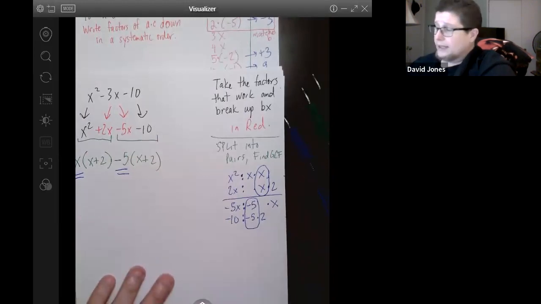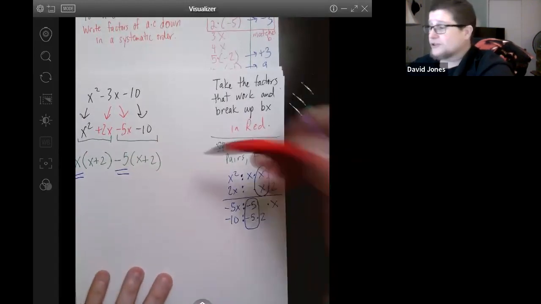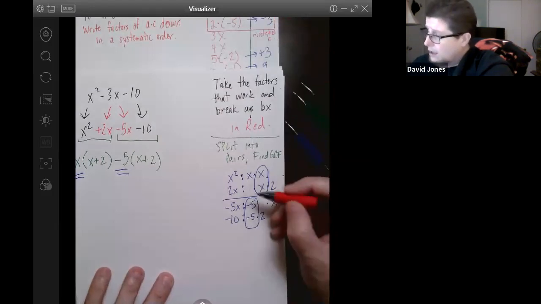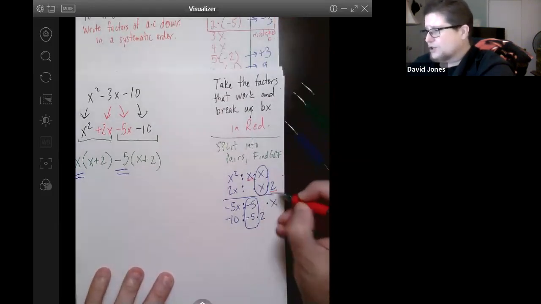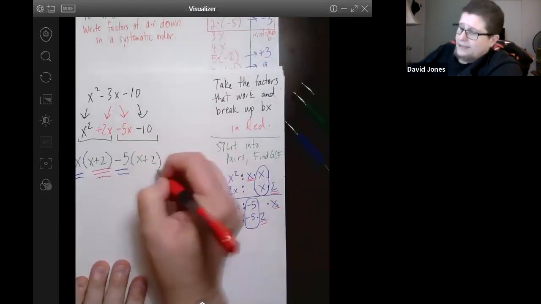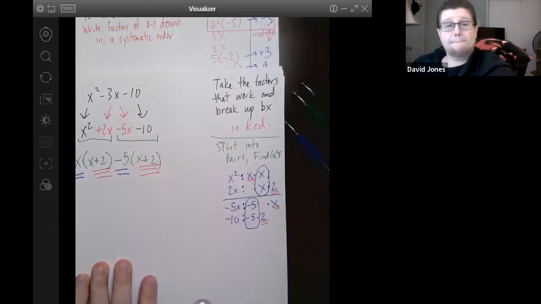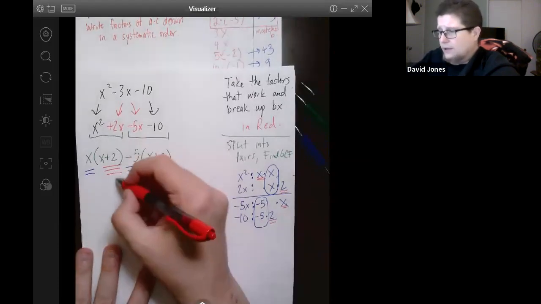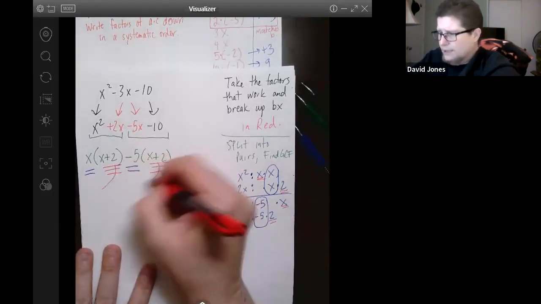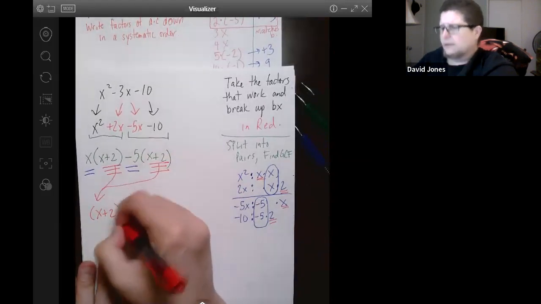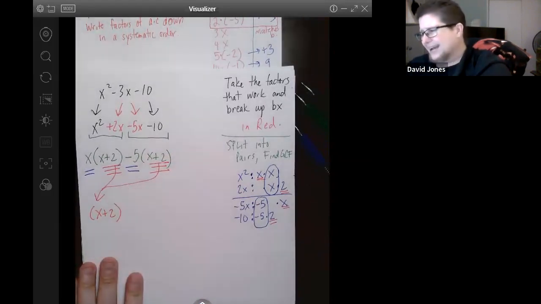And you'll notice, if you factor this correctly, if you have the right factors up here, we should have x and 2 left behind in both. These parentheses should be identical. When they are, we pull them out. So I'm going to pull this out, put it out front. And what do I have left over?